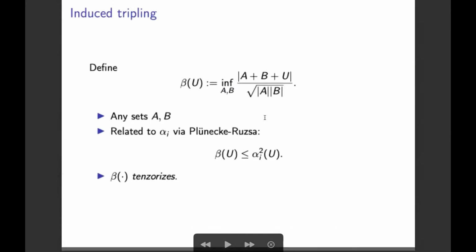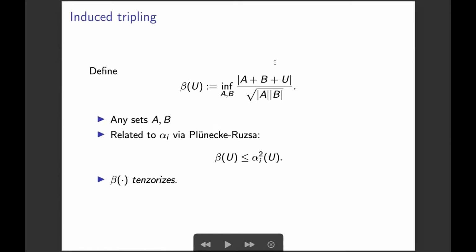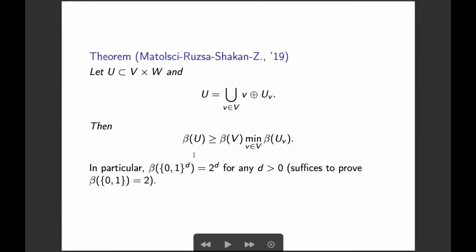And if we look at the definition here, it is clear that beta is at most the size of U, because we can always take singleton sets, so that the sum set in the numerator is the size of U, and the denominator is just 1. So this infimum cannot be larger than the size of the set U itself. So already this simple tensorization property gives you the best possible estimate for a certain class of sets, which is the d-dimensional cube.